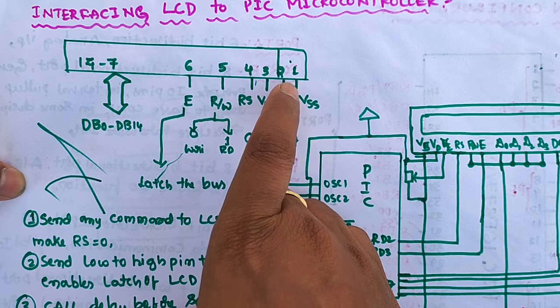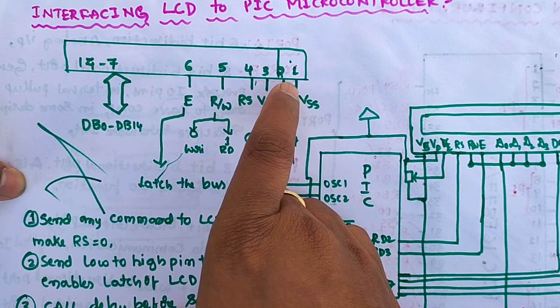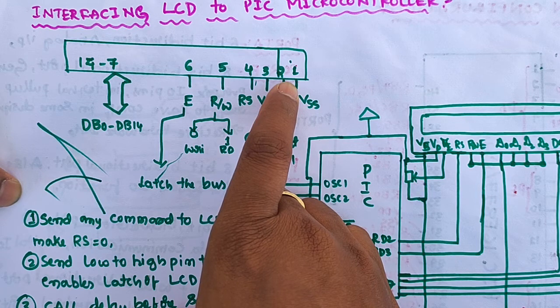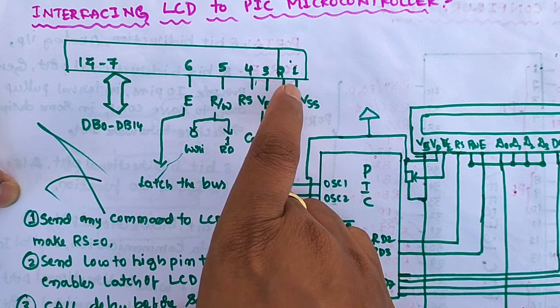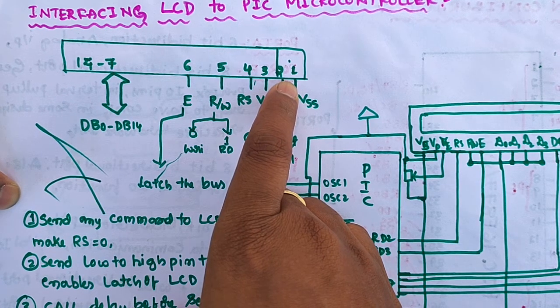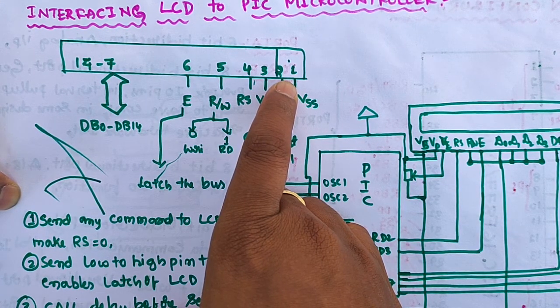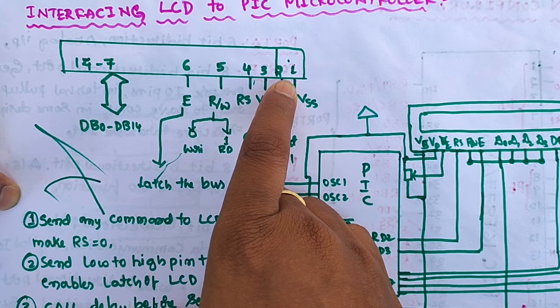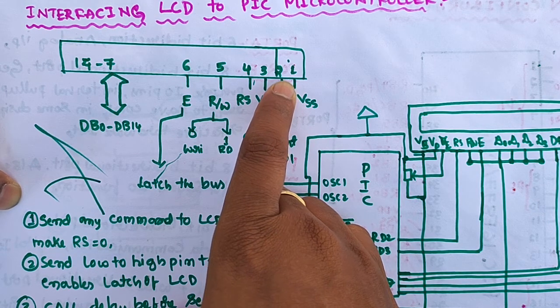As I discussed earlier in 8051 interfacing, the 7 segment display is connected to the 8051, and different binary codes operate the 7 segment display. Here the liquid crystal display, that is LCD, has 14 pins.